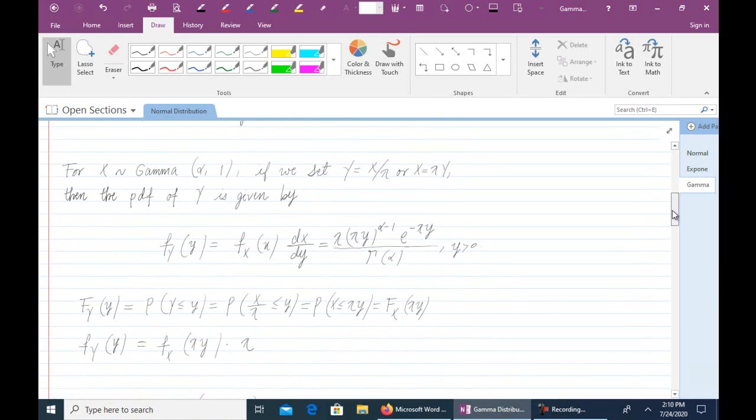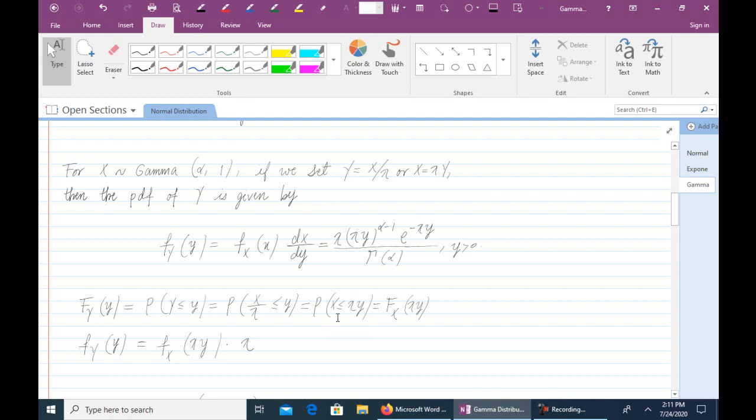Now, to be more precise, how do I come up with this PDF of y? I just gave you this formula without telling you where that came from. But one of the tricks that we applied in another video before is that we first calculate the CDF of y. So the CDF of y evaluated at y is the probability that Y is less than y, but Y is x over lambda, so that's x over lambda less than y, and then x is less than lambda y.